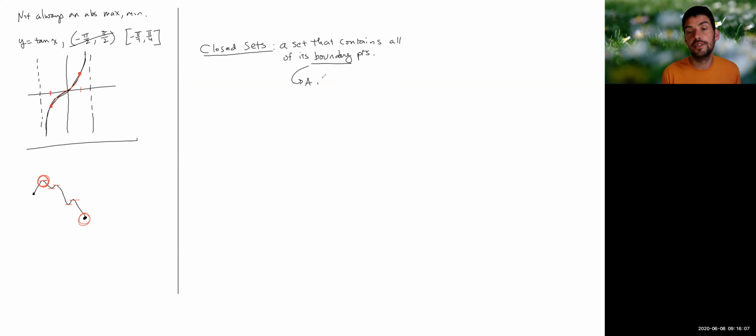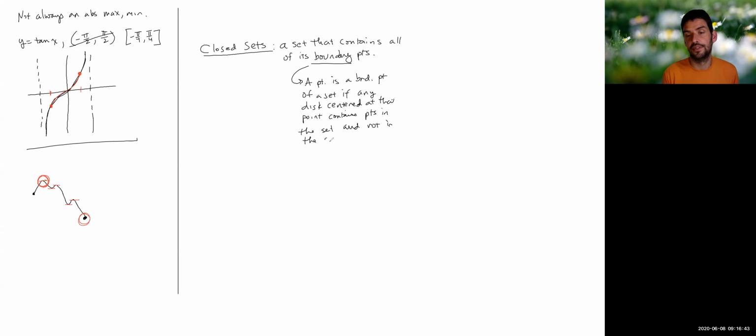So a point is a boundary point of a set if any disk centered at that point contains points in the set and not in the set.